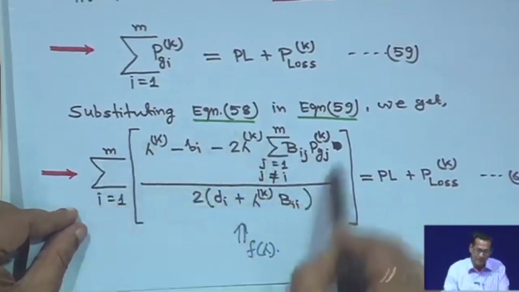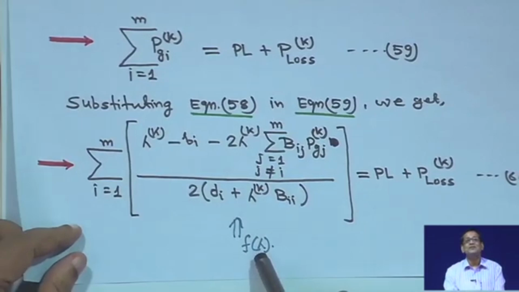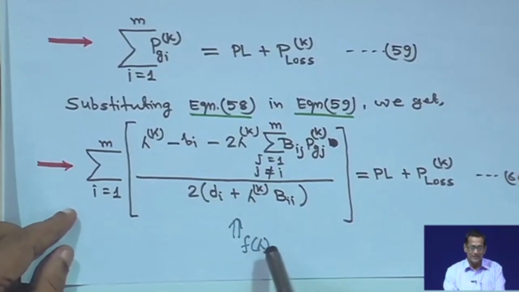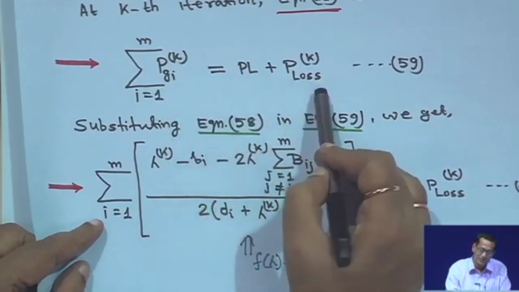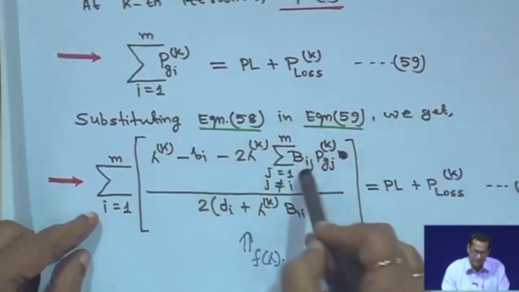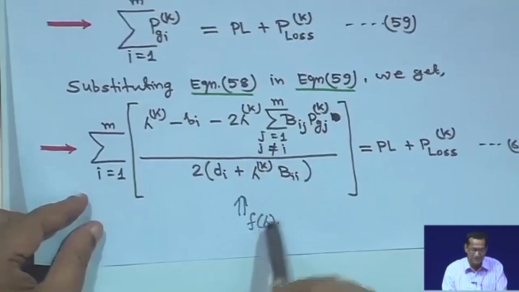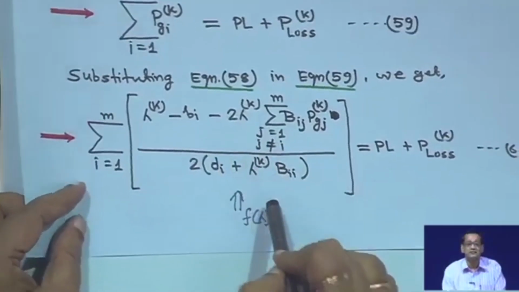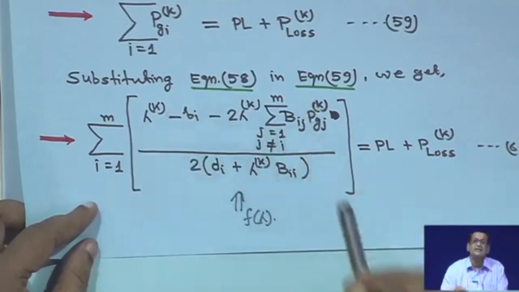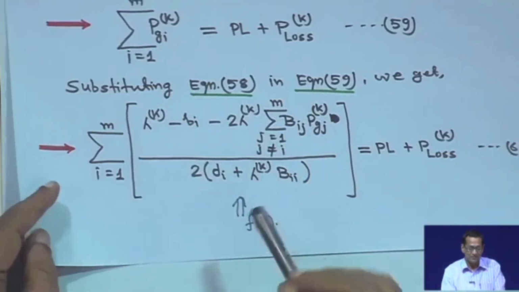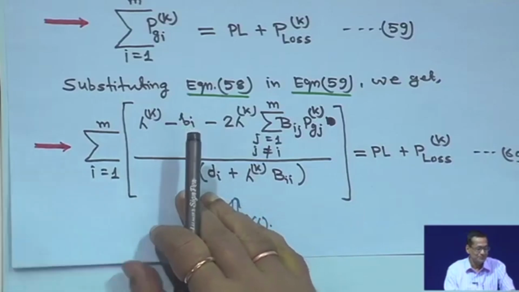This whole thing actually is a function f of lambda, because earlier we have seen f lambda is equal to PL plus P loss k also, right. So, this whole equation is actually f lambda. That means, you need df lambda upon d lambda, that means, you have to take the derivative of the whole thing, because we have to solve iteratively.